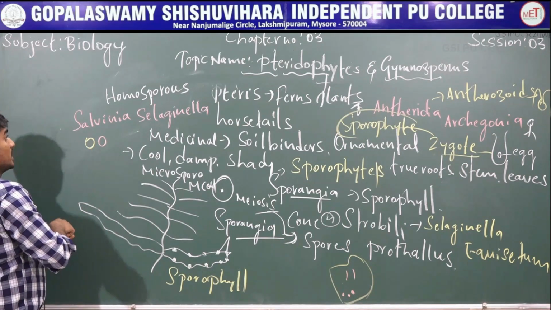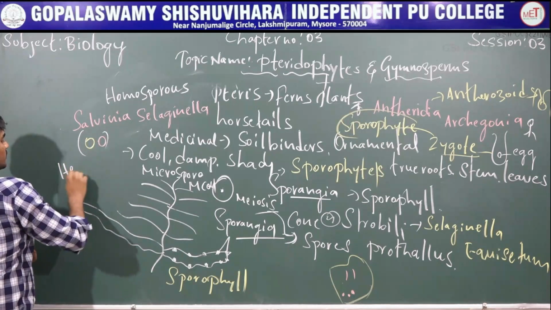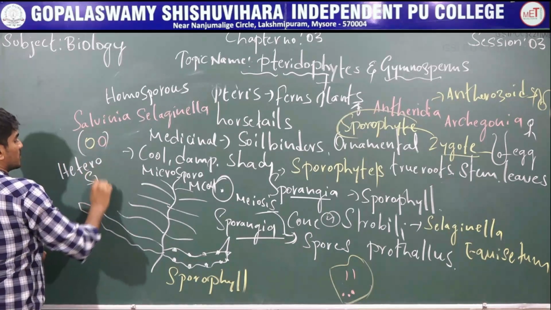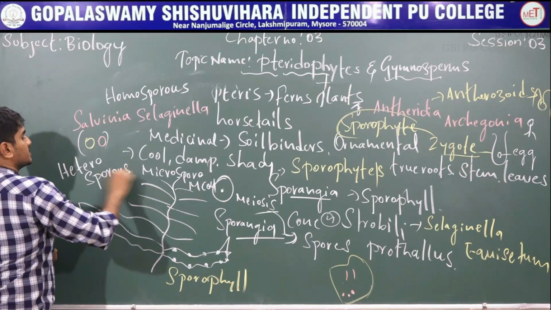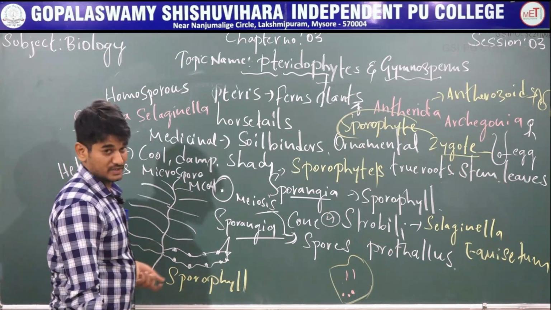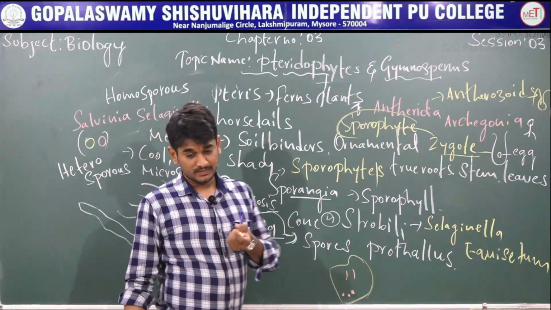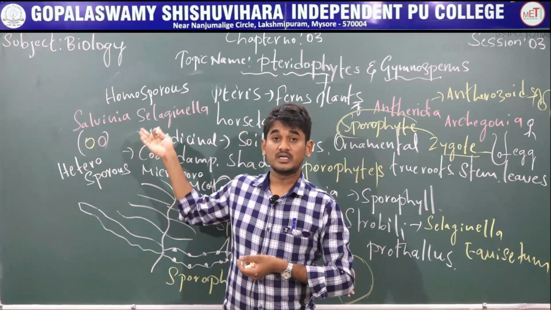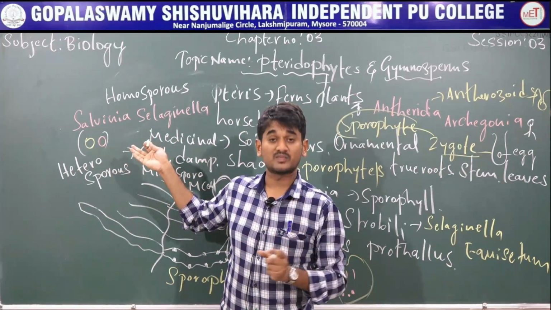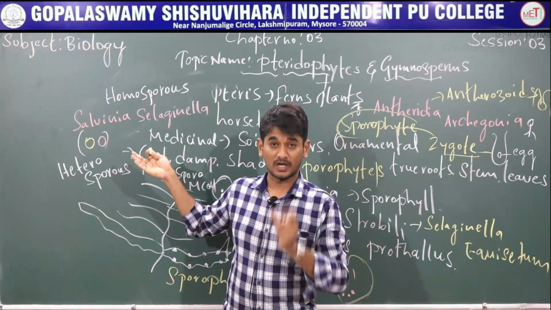So this is called heterosporous. Hetero means different. See, two different spores, which means microspore, which means small spore, and macrospore, which means large.